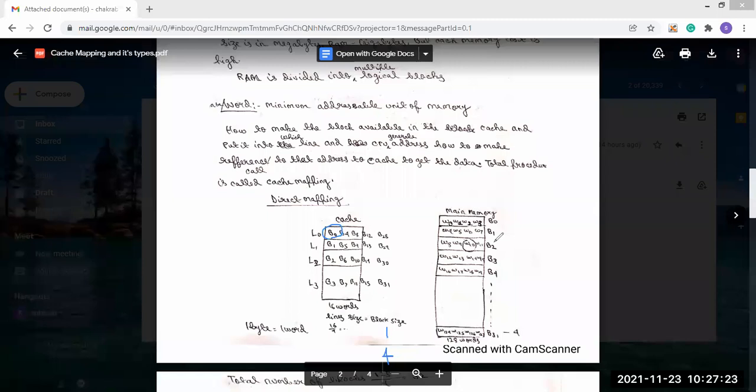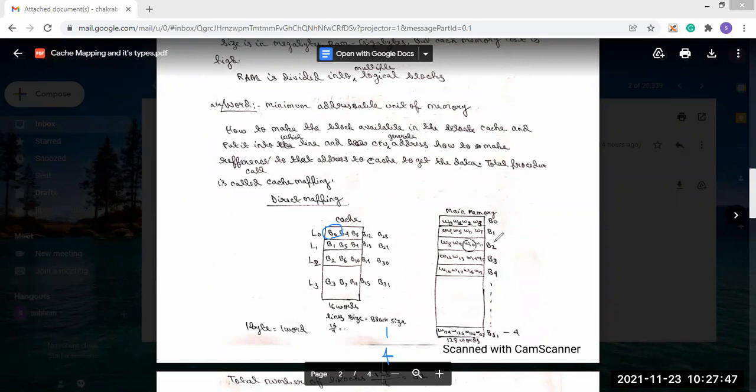Then let's say another block came, the B4 block. Now the B4 block has to be allocated in line number 0 only. But in line number 0, block number 0 is already present, so we cannot do that.